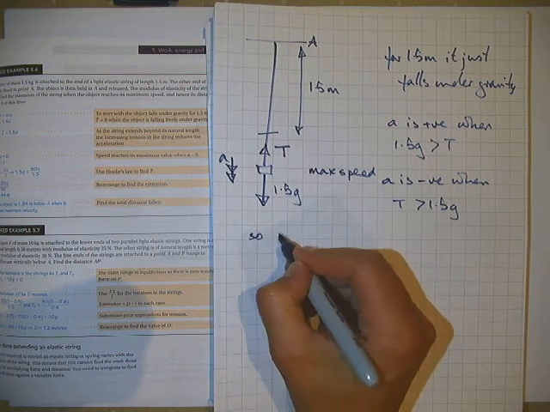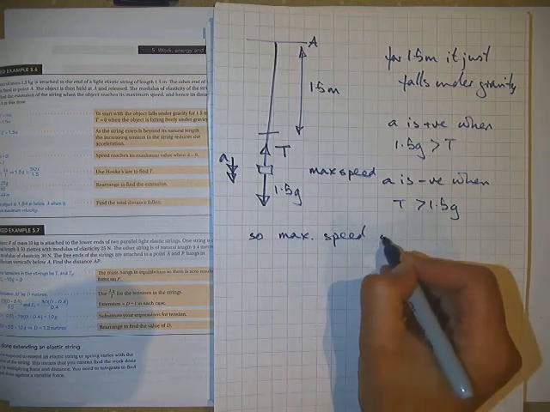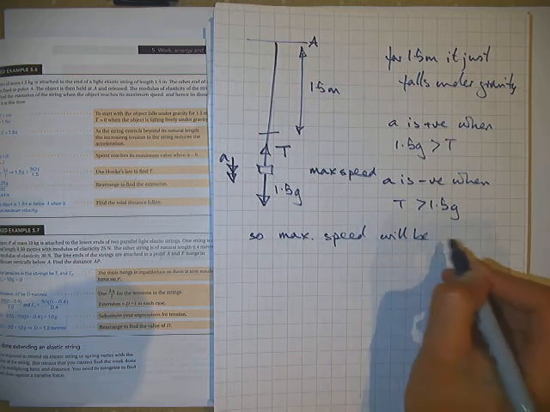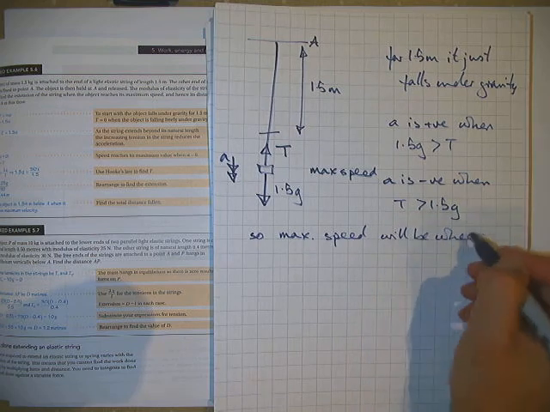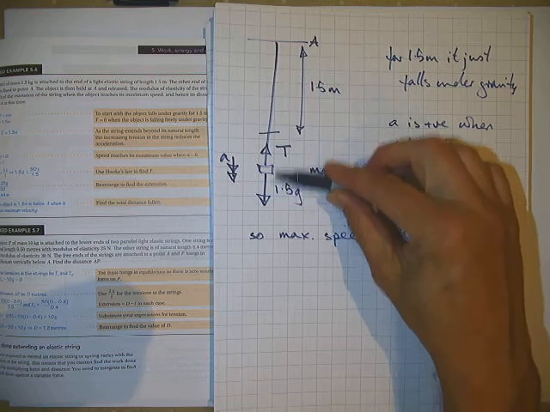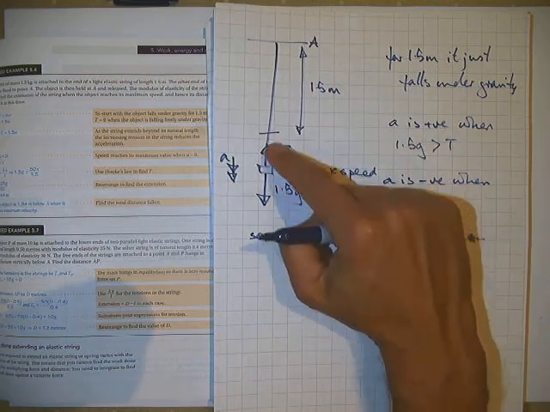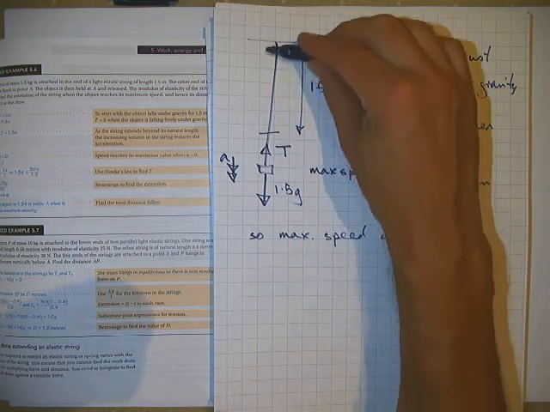So the maximum speed will be when these two things balance. Before that, weight is bigger than tension and slowing it down, so it's going to fall.